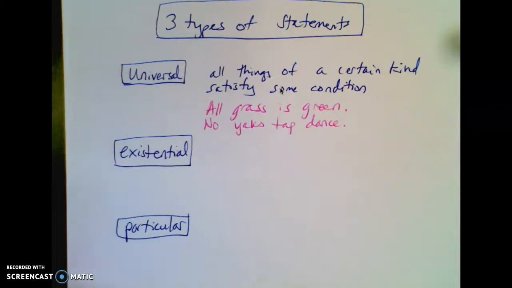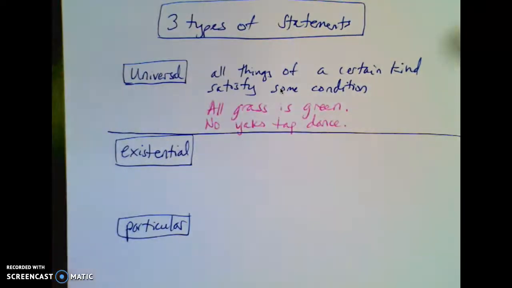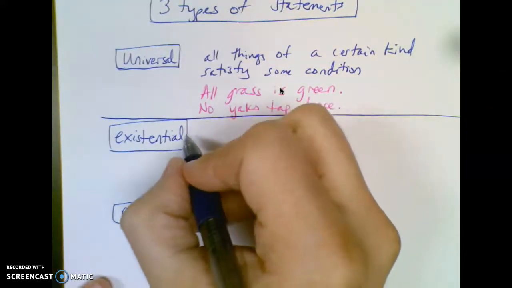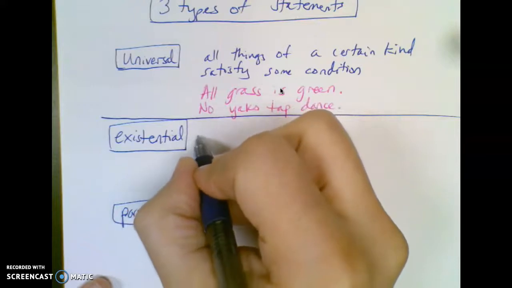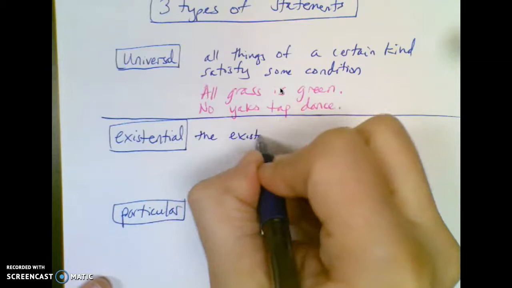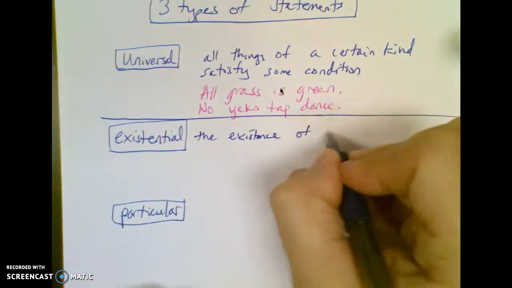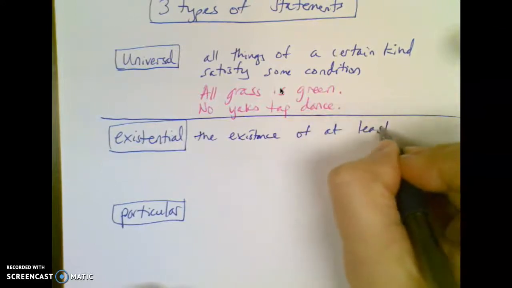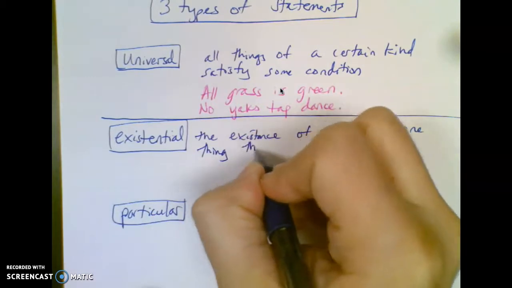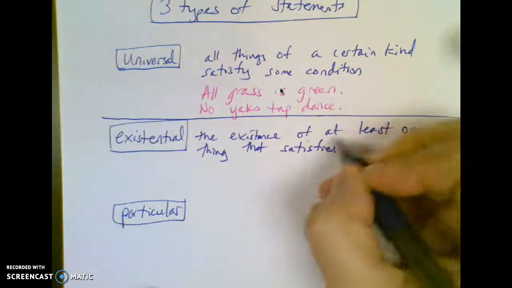Okay, so that's universal. Existential is kind of the other type, and that is the existence. This is why it's called existential. It's a statement where the existence of at least one thing that satisfies some condition.